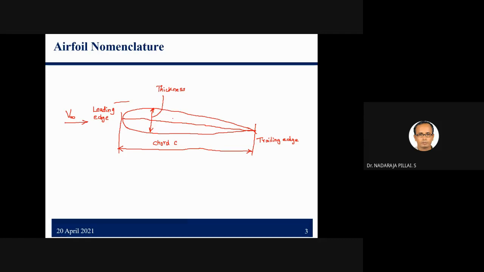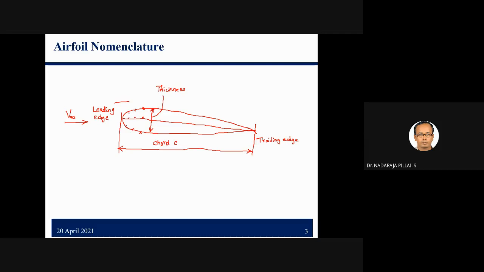Then we will have another line. Say, for example, you have one point here and another point here, and we can note the midpoint somewhere here. Similarly, on the upper surface and the lower surface, we can mark the midpoint.